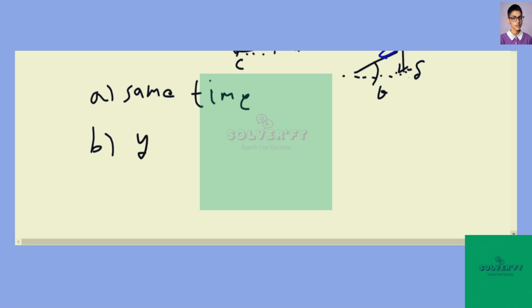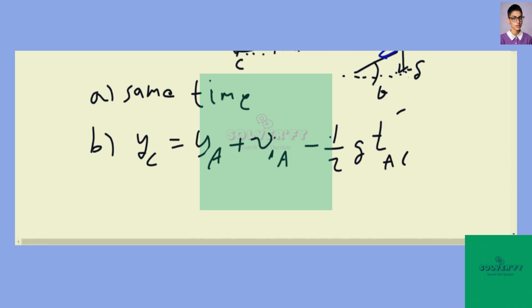So we have y at C is equal to y at A plus the initial velocity at point A minus 1/2 g t AC squared.